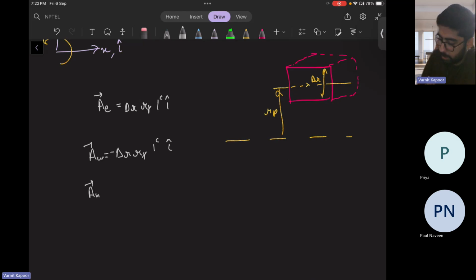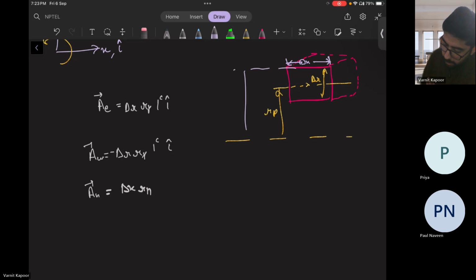A north will be how much? This is del x. So that is del x into R north. The radius till here from the center of the pipe is R north, and the radius till here is R south.